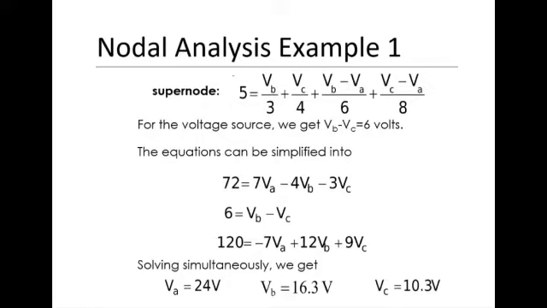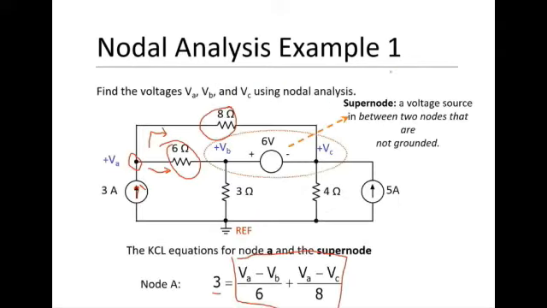So this is your node A, and your supernode is this equation right here. So now we have 2 equations and 3 unknowns still. We need to define the third equation. If we look at this supernode right here, this voltage source forces the voltage difference between VB and VC to 6 volts.